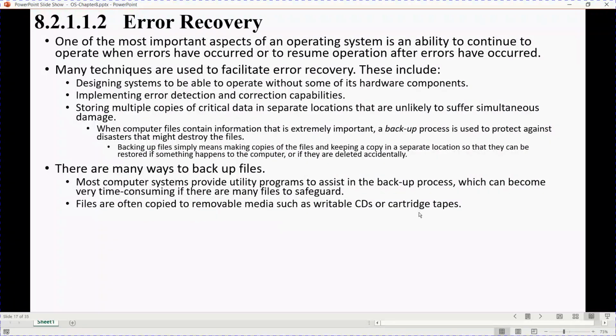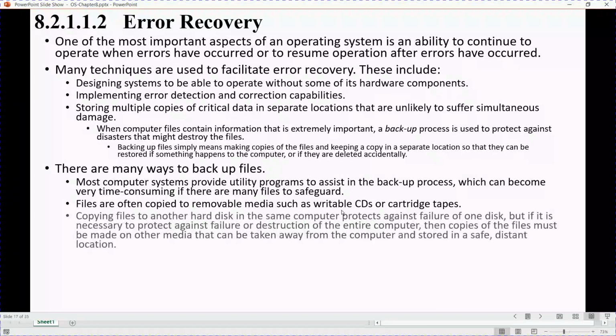If you're going to put the copy in a secure location, then it has to be on a medium that can be removed from the computer. Writable CDs, cartridge tapes.